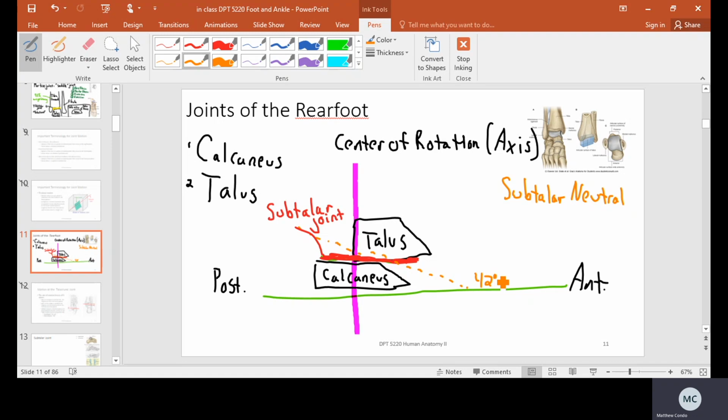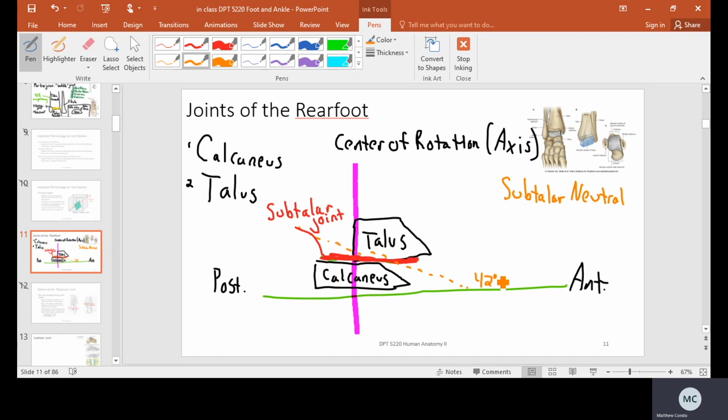So here's what I want you to think about, okay? If I am performing plantar flexion, number one, what muscles are going to help me perform plantar flexion? Gastrocnemius, triceps surae, soleus, all that great stuff, right?